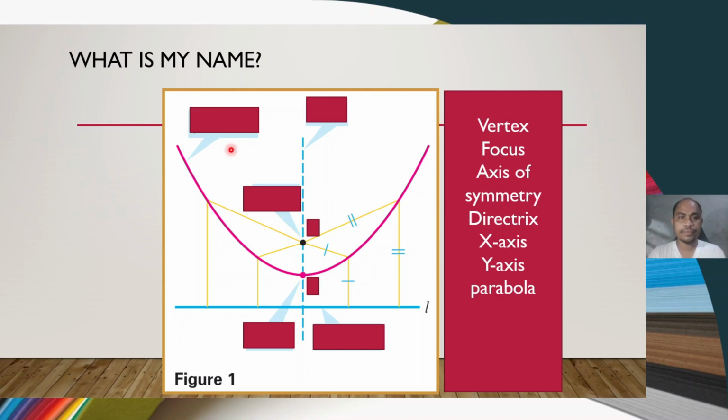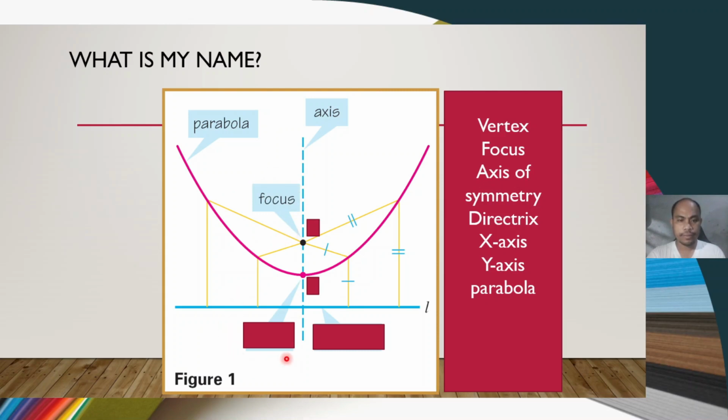This is parabola. How about this one? Could you guess? That is axis, or should be axis of symmetry to be complete. How about this one? This one is focus.